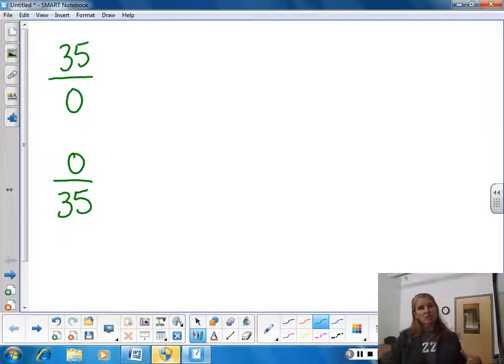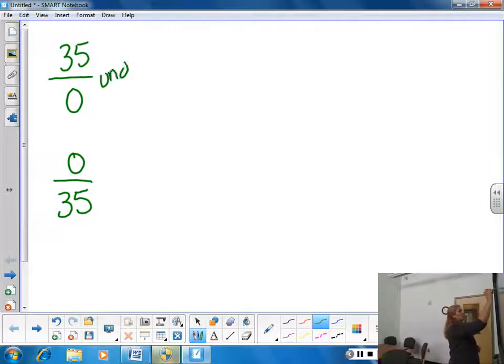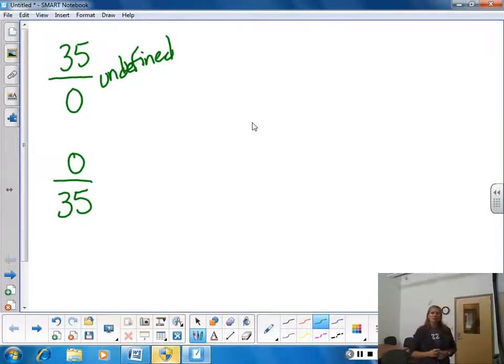When the 0 is under, that means it's an undefined expression. We cannot divide by 0, so this would be undefined. And I want you to use that word, and not "can't be done," "impossible," or whatever. When you have 0 divided by 35, what you're saying is, how many times would 35 go into 0? And the answer is 0. It doesn't go.